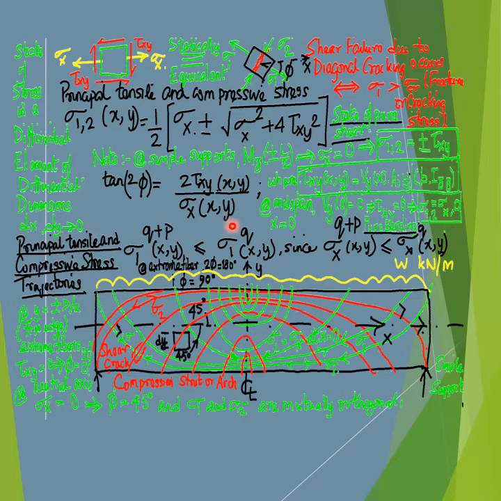The second equation provided in the present slide, relating the angle of inclination theta of the principal tensile stress sigma 1 to the shear stress tau xy and the normal or direct bending stress sigma x at any general location of coordinates x and y, is also well documented in standard textbooks. For example, textbook by Irving Shames or R. Hibbeler on mechanics or statics.